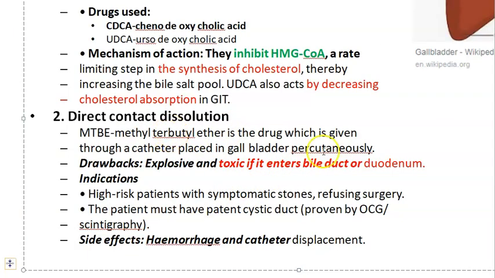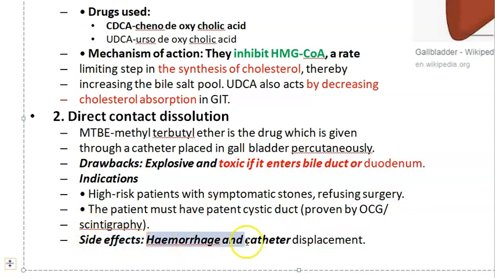You will put it into the gallbladder. The cystic duct should be patent. From there, anyways, it will enter the bile duct and the duodenum, but that is fine, looks like. In the gallbladder, whatever stone is there, it will have to dissolve. High risk patients who are refusing surgery, patients must have a patent cystic duct, we told you.